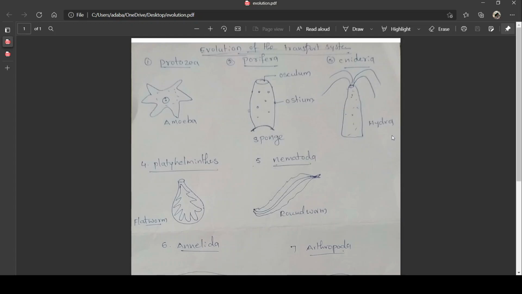In this body, waste materials are produced and released into this cavity, and the materials are sent out through the same mouth. So the mouth acts as an anus.